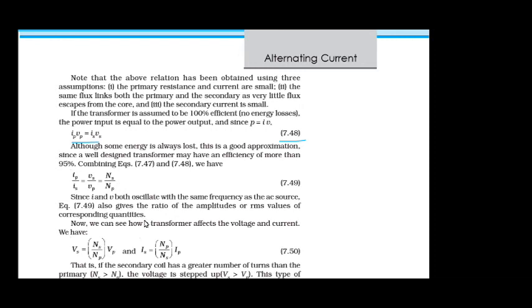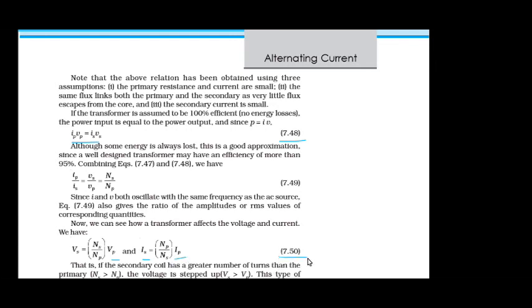Since I and V both oscillate with the same frequency as the AC source, equation 7.49 also gives the ratio of the amplitude or RMS value of the corresponding quantity. Now we can see how a transformer affects the voltage and current. We have Vs is equal to Ns upon Np multiplied by Vp, and we have Is is equal to Np upon Ns multiplied by Ip.